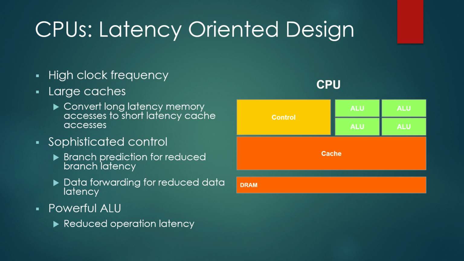And so if you look at, say, a CPU, this portion would be on a single chip where you have your control and the ALUs. So you can see that the ALUs themselves only take up a smaller portion than the control logic, and then the amount of cache is quite large. And then you have the off chip DRAM.